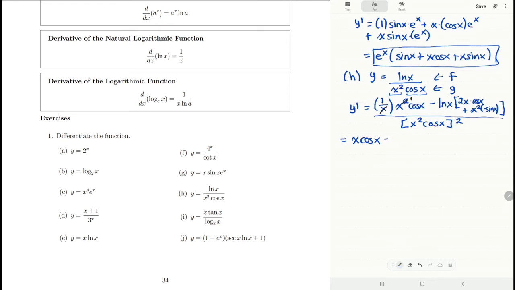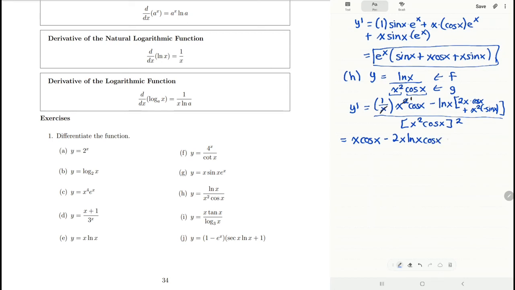So let's also distribute the negative natural log of x through the square brackets. So this would give us minus 2 times x times the natural log of x times cosine of x.